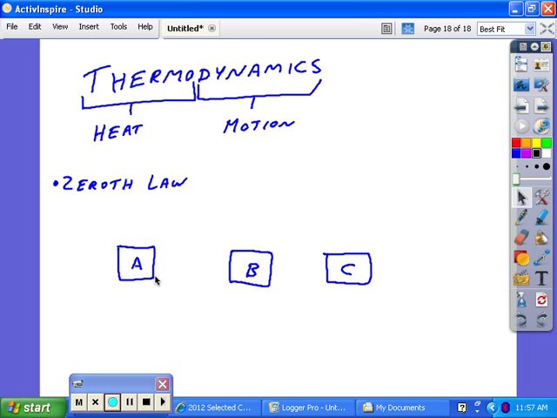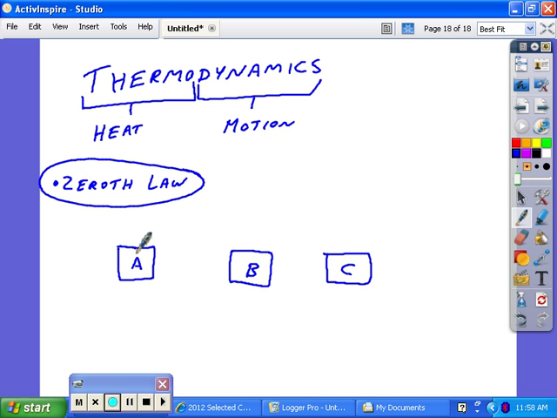So if A is in equilibrium with B and A is in equilibrium with C, that means B would have to be in equilibrium with C as well. And once again, all that's saying is basically if A is the same temperature as B, and A is the same temperature as C, then B is the same temperature as C as well. So it is an insanely basic concept, but literally it's called the Zeroth Law for a reason.